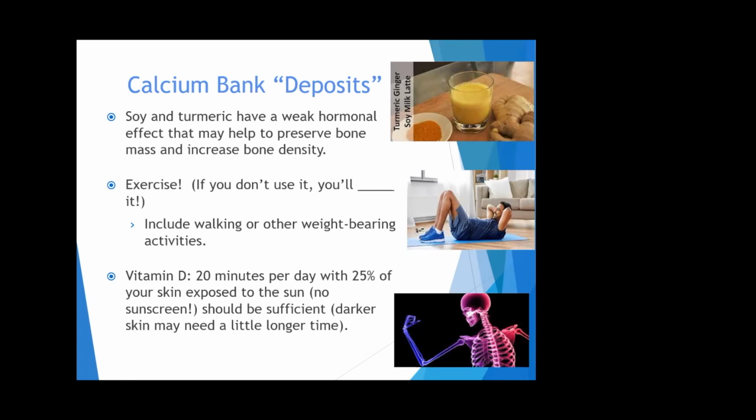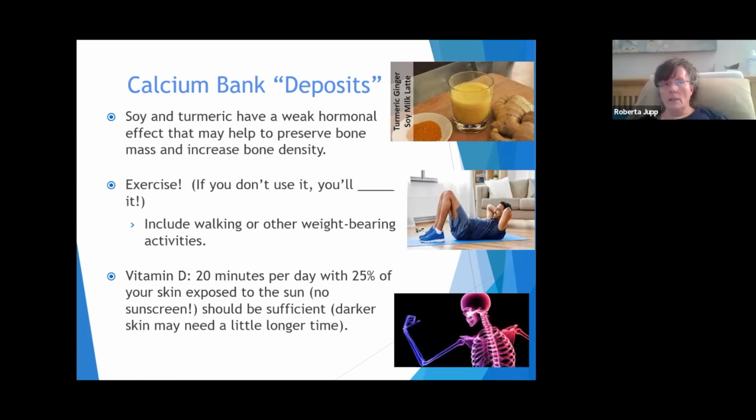But if we get it from the sun, what the sun does is it makes the vitamin D out of the cholesterol in our body. So there's other good things that happen, but it also lowers our cholesterol level, increases the D and decreases the cholesterol level. So sun is important, but if we can't get the vitamin D level where we need it just from the sun, then supplementation is a good idea.